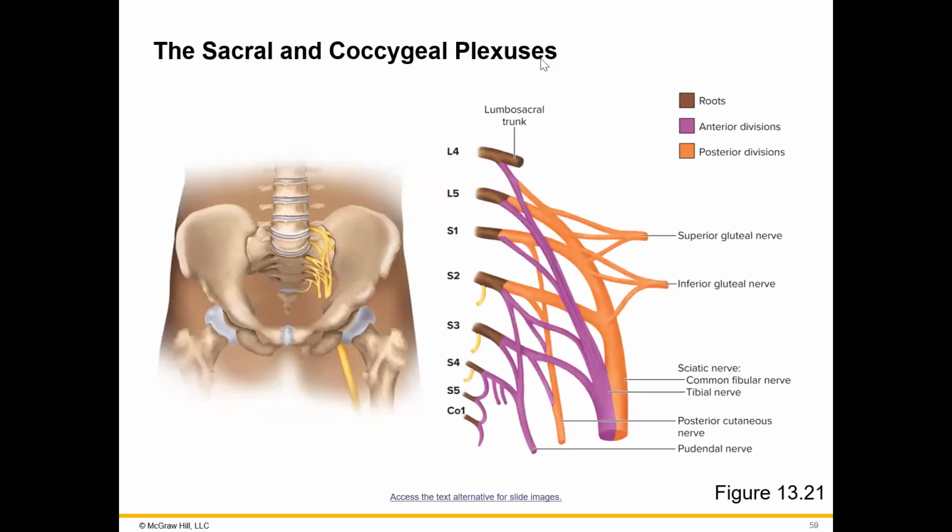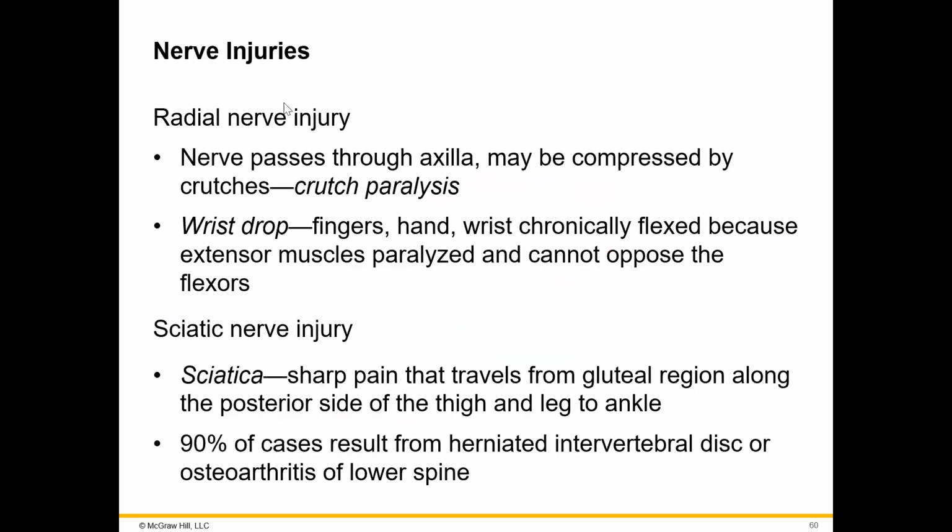Sacral and coccygeal plexus. They extend from L4 up to coccygeal 1. So we have very dangerous injuries about our nerves, and you have your radial nerve injury. Radial nerve injury is when the radial nerve, the nerve that passes through the axilla, may be compromised by crutches.